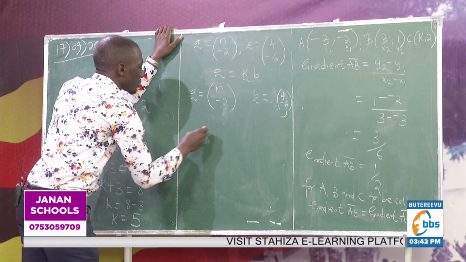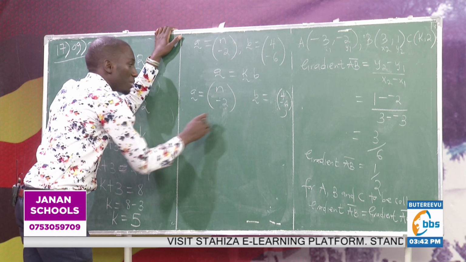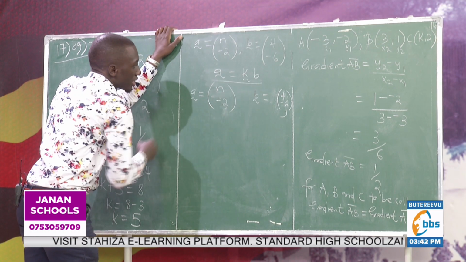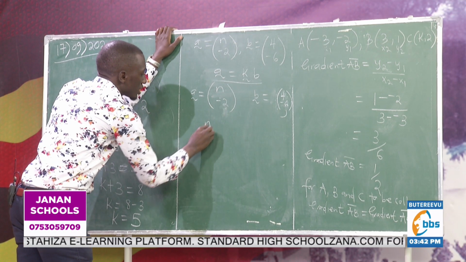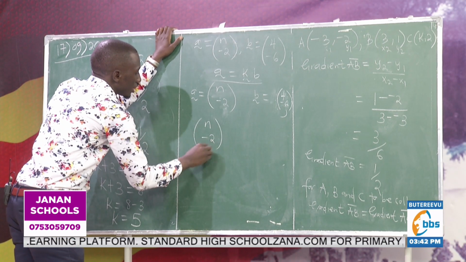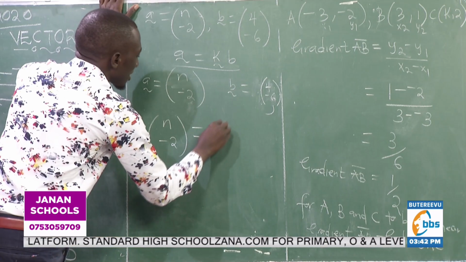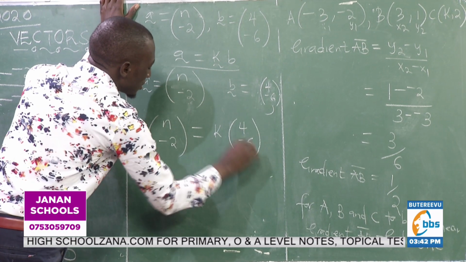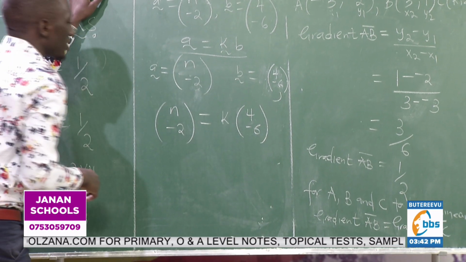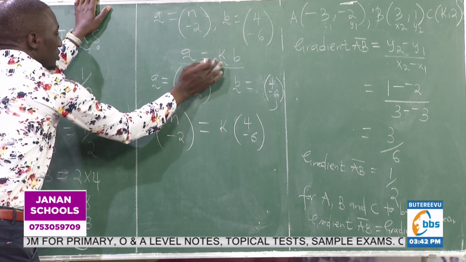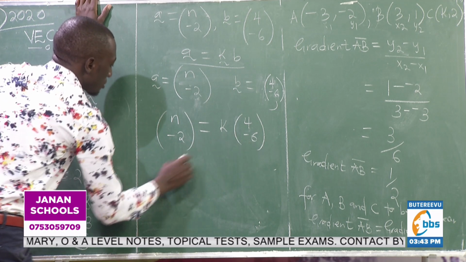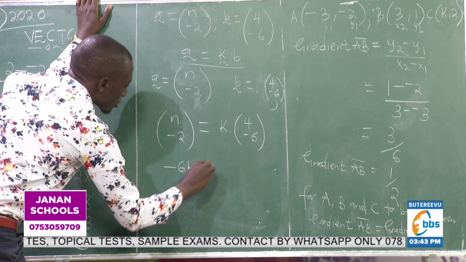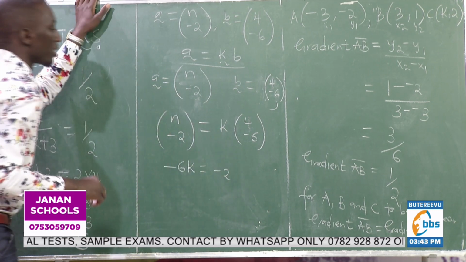Now look at these values down here. I can use what I said already. So I can say that if I have this one here, then this is k. I can do this in very many ways. So I can look at these ones down. It means that negative 6 times k will be equal to negative 2.